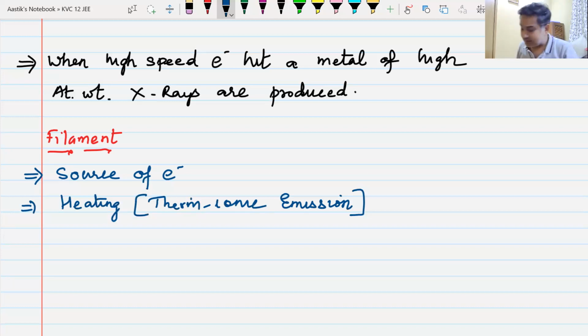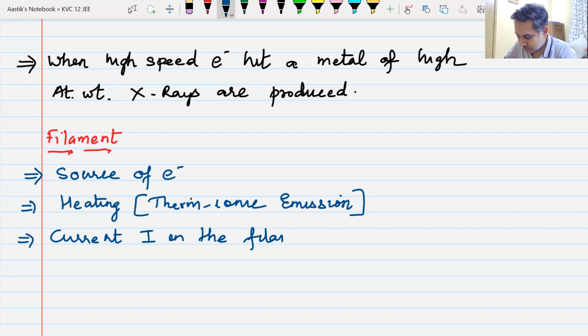This filament is also getting a current I in it. The current in the filament controls what?